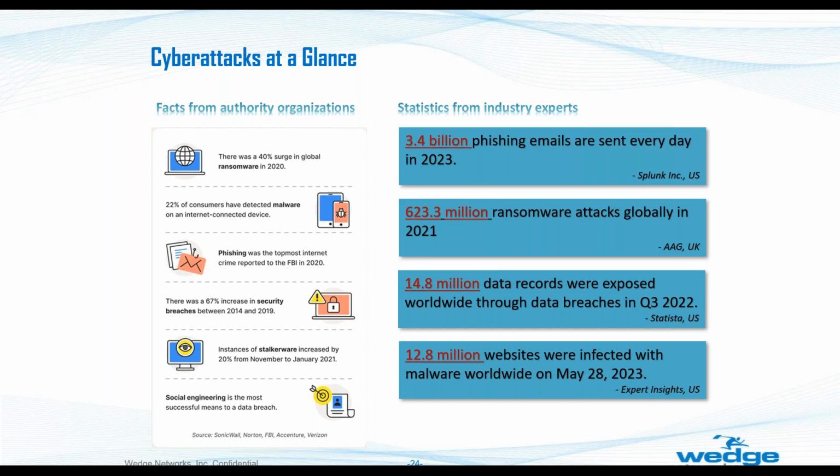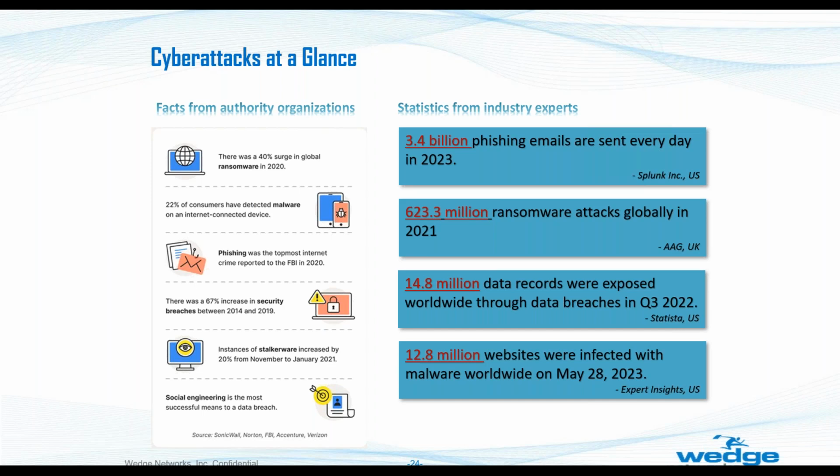The second highest in terms of quantity is ransomware, with 623 million ransomware attacks recorded in 2021. Data breaches come next, reaching a staggering 14.8 million instances in one quarter. So you can see the data.